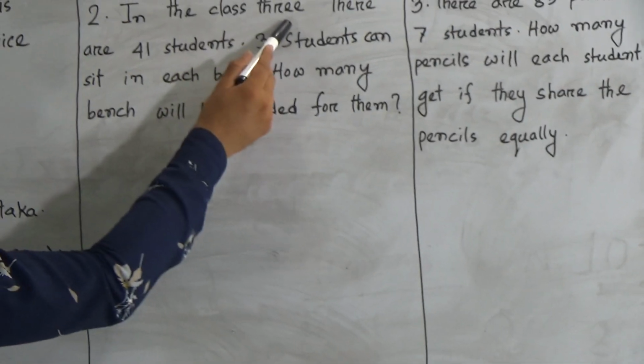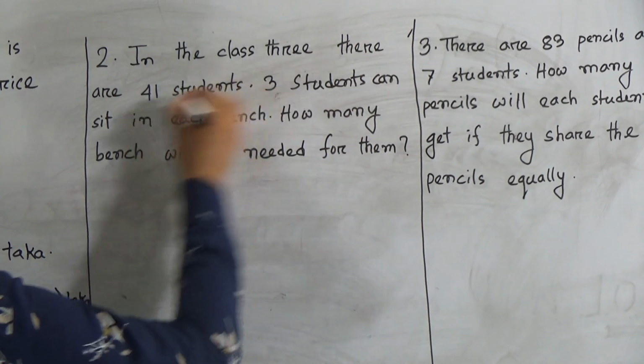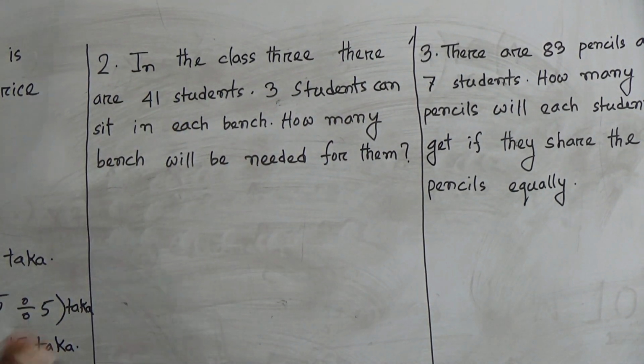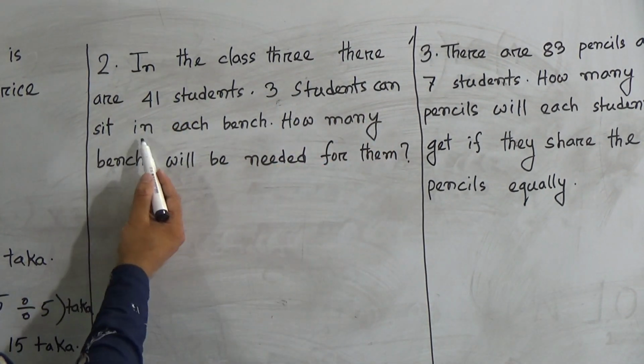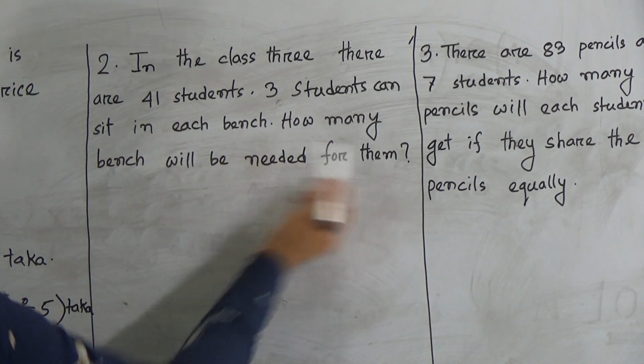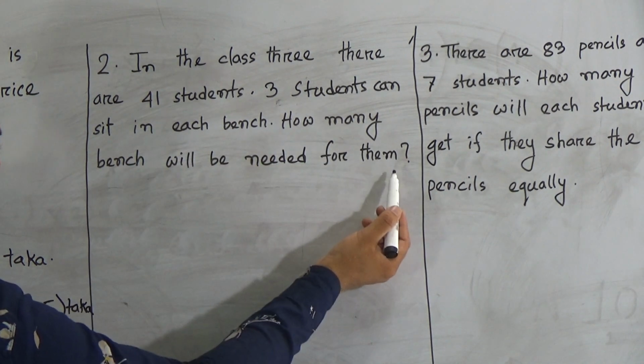In class 3, there are 41 students. 3 students can sit in each bench. How many benches will be needed for them?